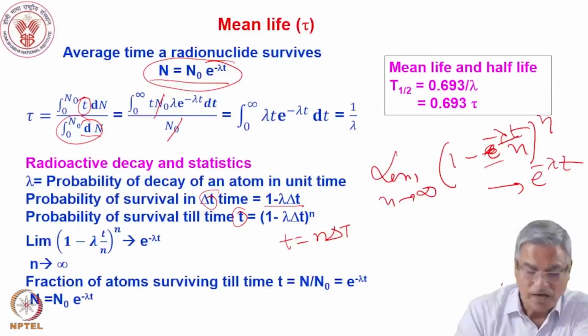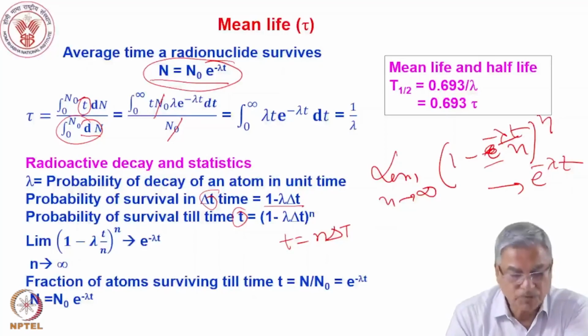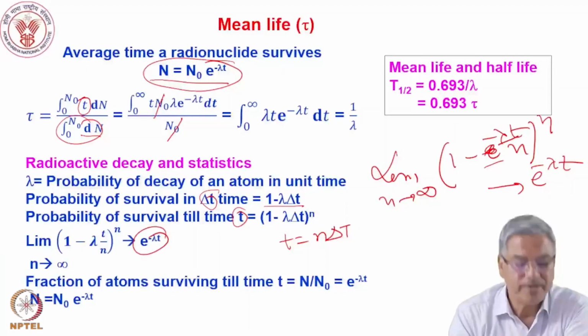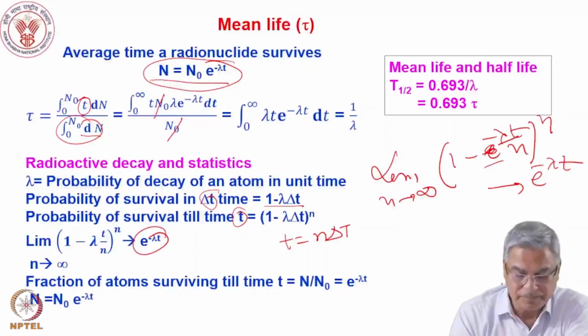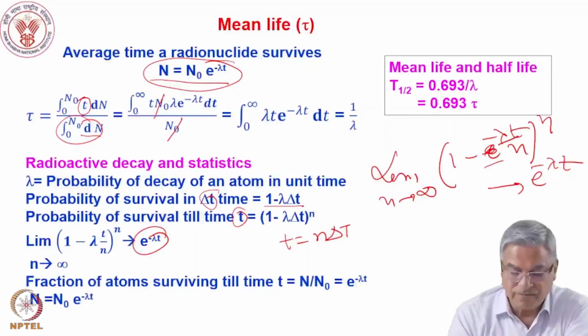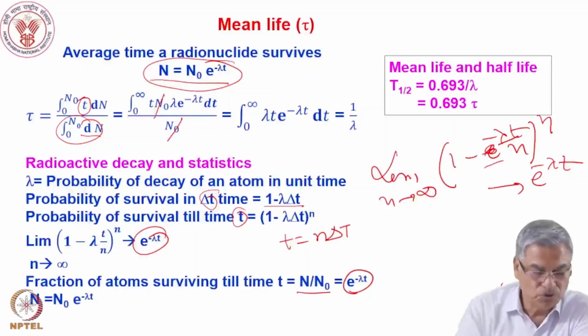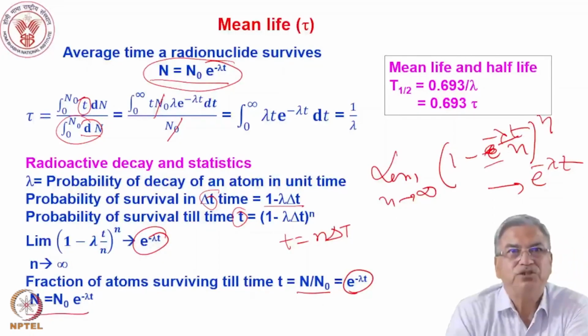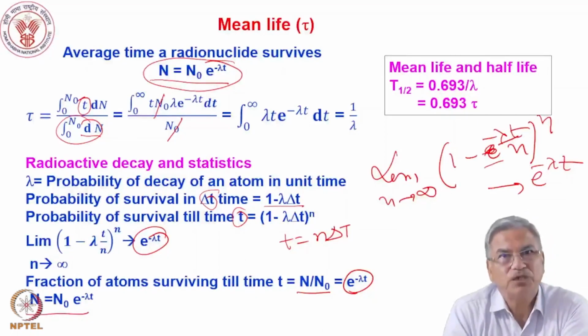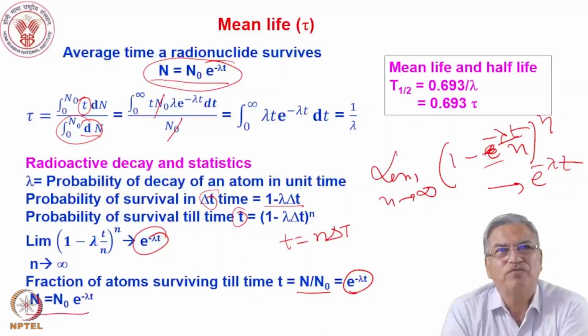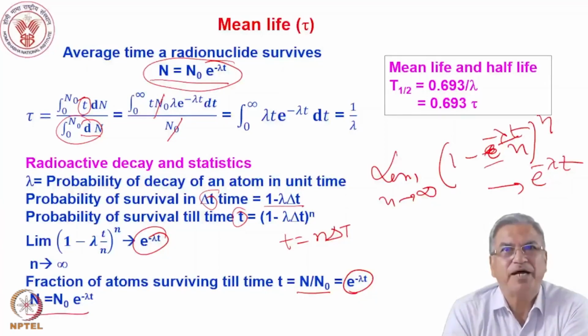So the probability of survival till time t becomes e raised to minus lambda t when n becomes very large. So if there are N0 atoms in the beginning, what is the fraction of atoms that survive till time t? N by N0 equal to e raised to minus lambda t. So you have N equal to N0 e raised to minus lambda t. That is how, from the fundamental definition of lambda as the probability of decay of an atom per unit time, you can also derive the expression for radioactive decay.